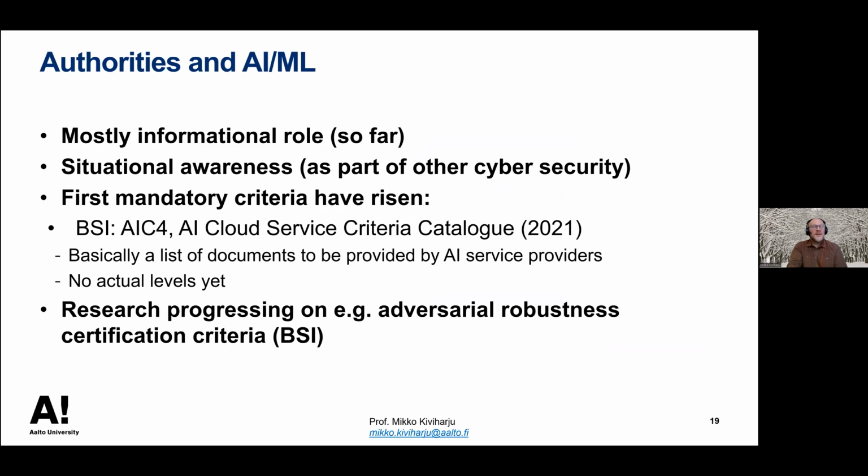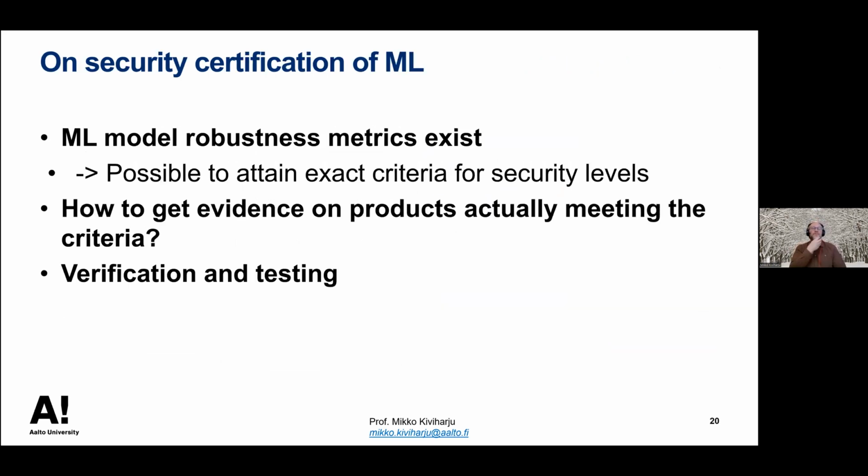An interesting thing is that information security authorities are already planning how to do security certification of machine learning. For that, you need model robustness metrics. Currently, there are some ideas to attain exact criteria that you can attach to exact security levels. The way to get evidence of products actually meeting the criteria is verification and testing.